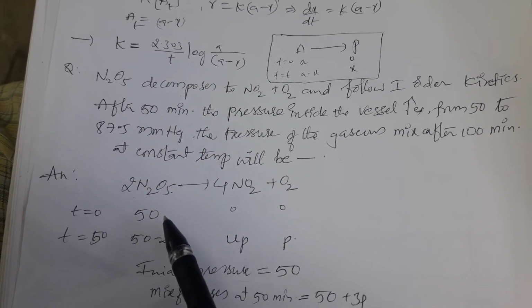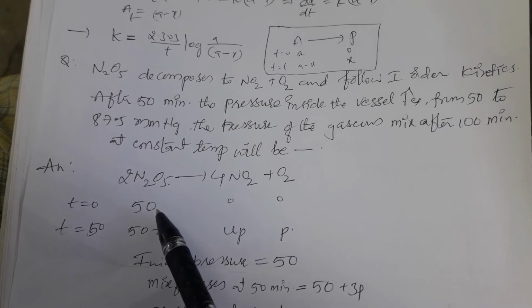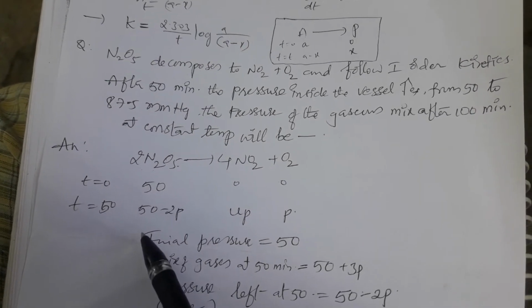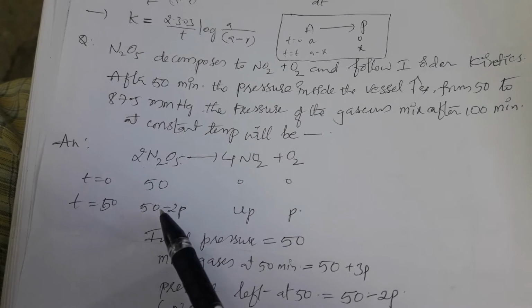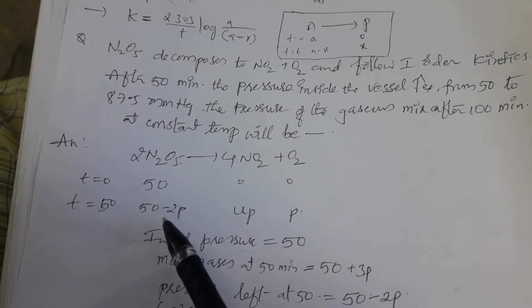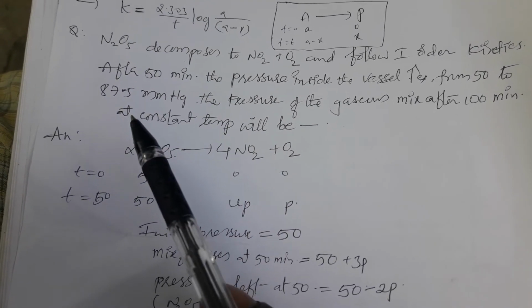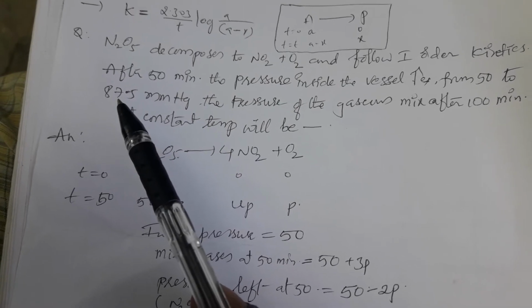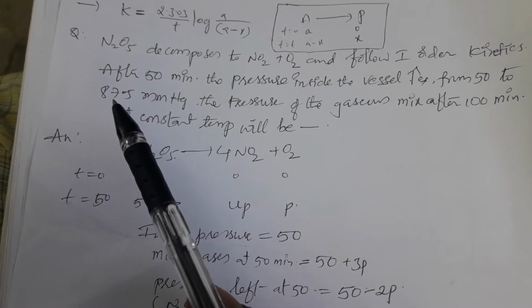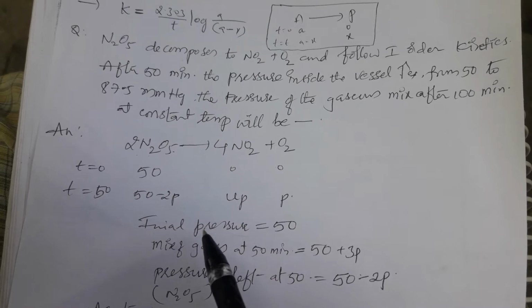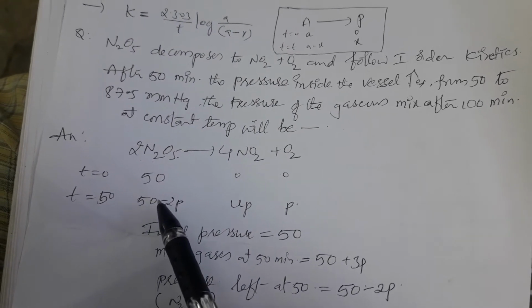At t is equal to 0, the pressure will be 50. After 50 minutes, the pressure increases to 87.5. So we write here 50 minus 2p.